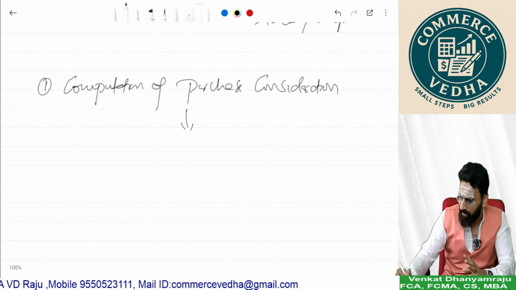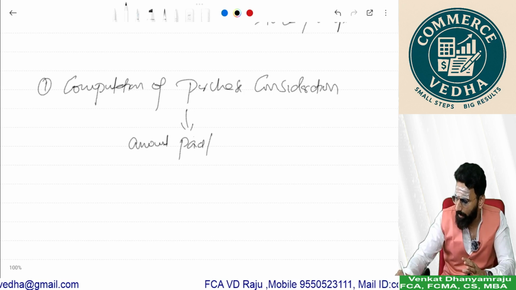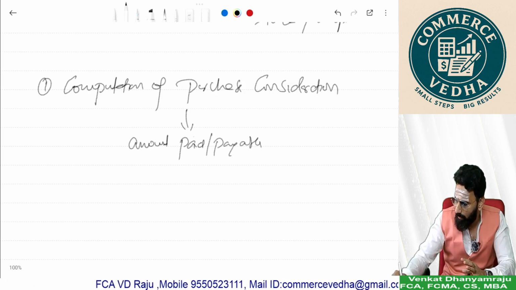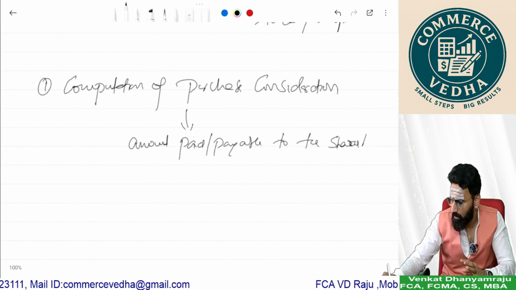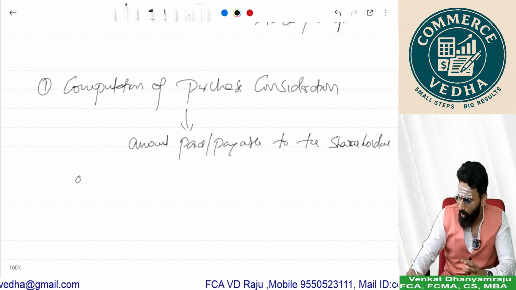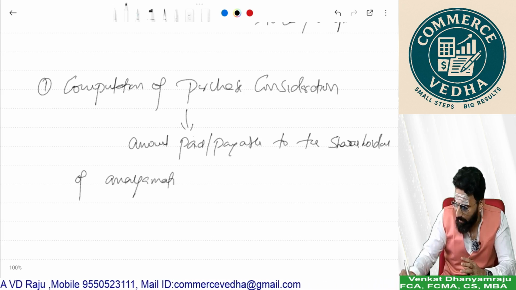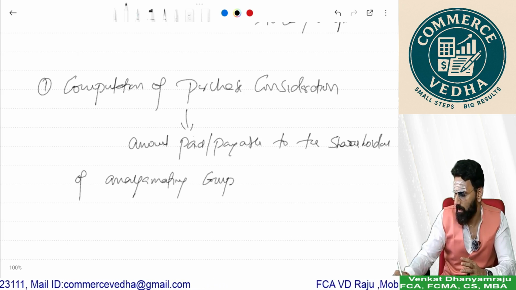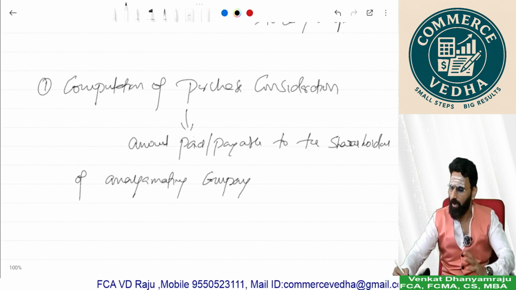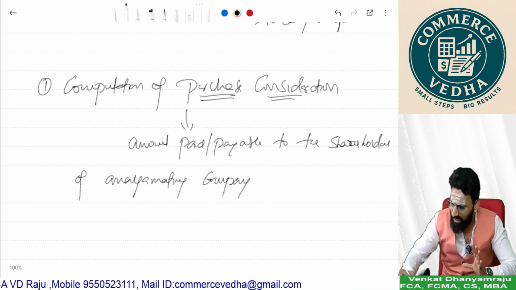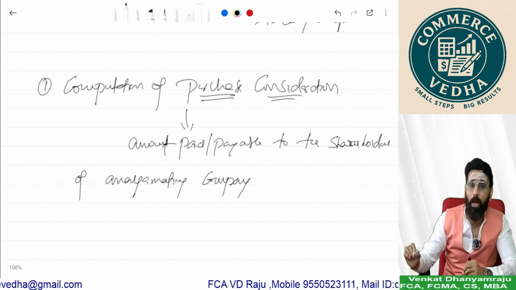This is nothing but the amount paid or payable to the shareholders of the amalgamating company. In brief, we learn the definition of purchase consideration in detail later, but in a general sense it is the amount paid or payable to the shareholders of the amalgamating company.